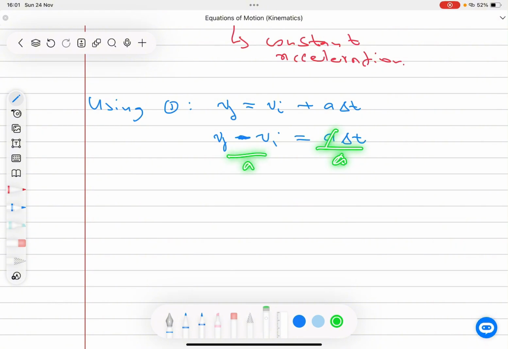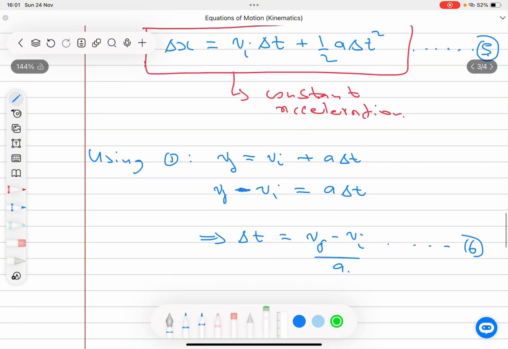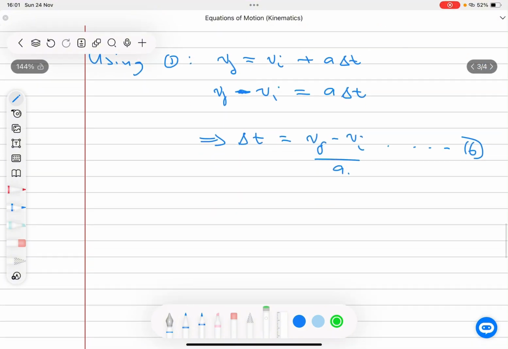Wait, it will only cancel from one side, so that I'm only left with change in t is equals to that. So this means here that our change in t will be defined by the final velocity minus the initial velocity over the acceleration. I'll call this equation 6, following our numbering of equations as we deriving them.